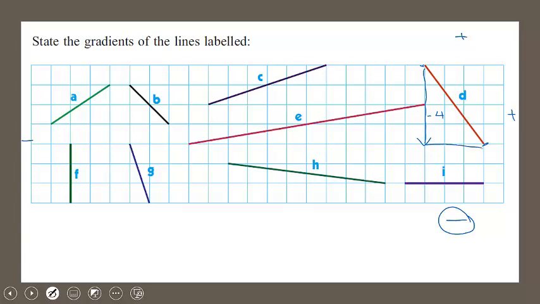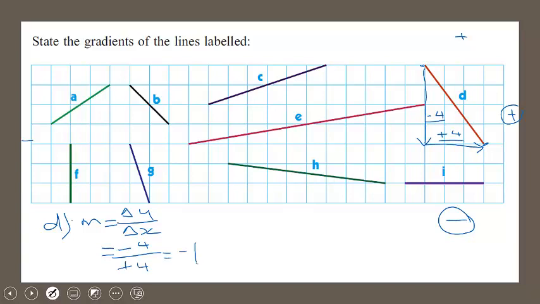And 1, 2, 3 to the right. It's in the plus direction. So it's plus 4. So for question D, I say m equals change in y over change in x, which is equal to first the y, minus 4 over then the x, plus 4. That is equal to minus 1.